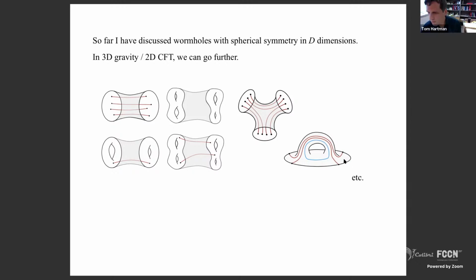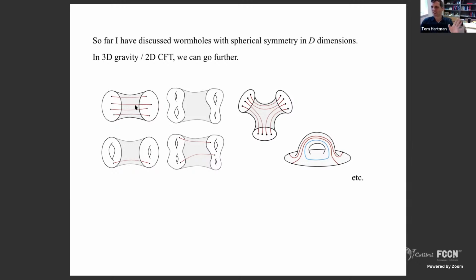And one of the big advantages of working with these non-spherically symmetric ones, like this one here, is that now we're talking about correlation functions of local operators. In the first part, I was talking about correlation functions of v dagger v to the k, and v was a very complicated spherically symmetric black hole making operator.